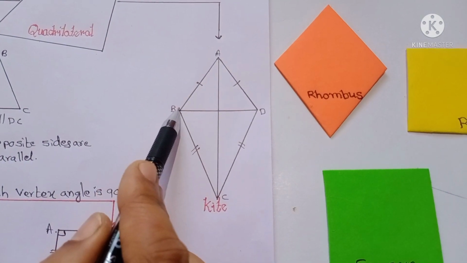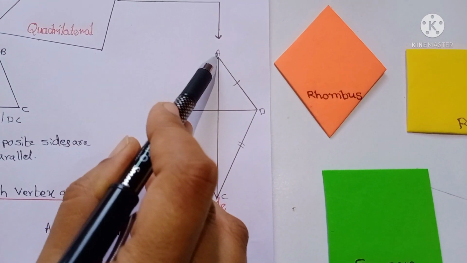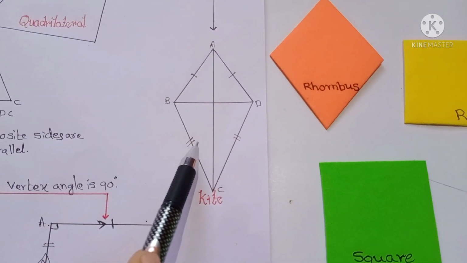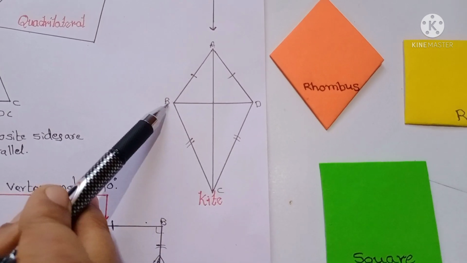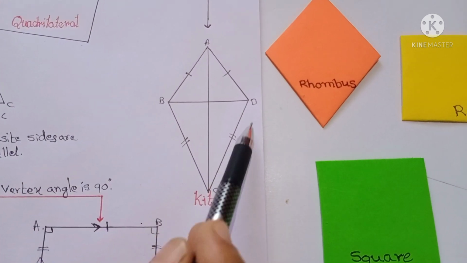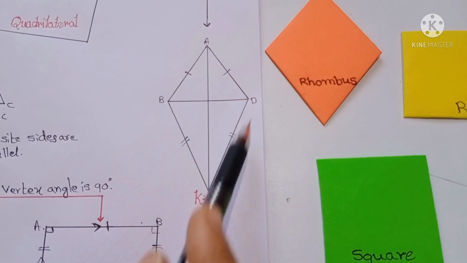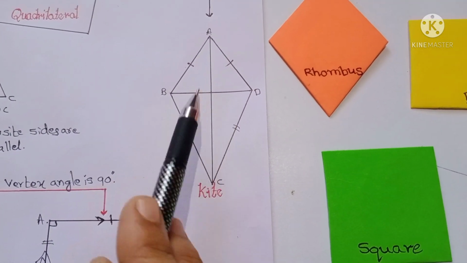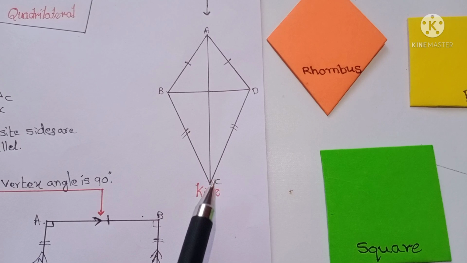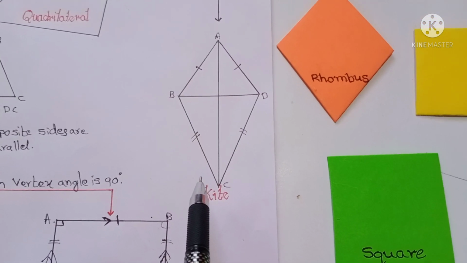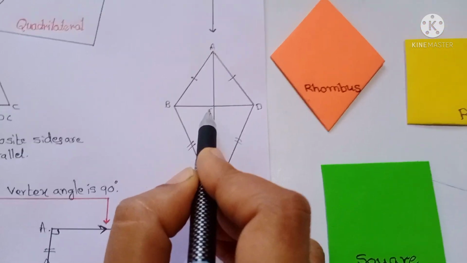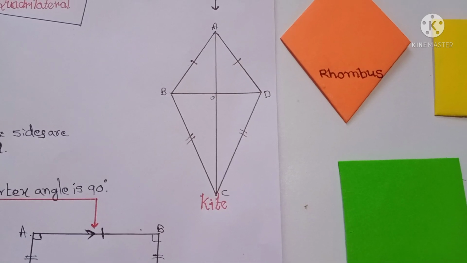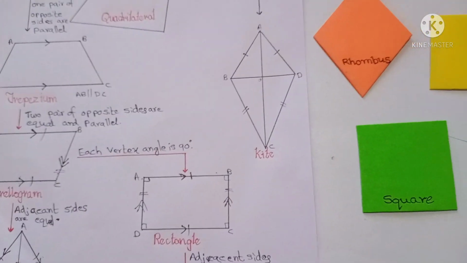AB, this side will be equal to AD. One pair of adjacent sides equal. Another pair of adjacent sides are equal. BC equal DC. This is a kite. Diagonals are not equal and do not bisect at O.